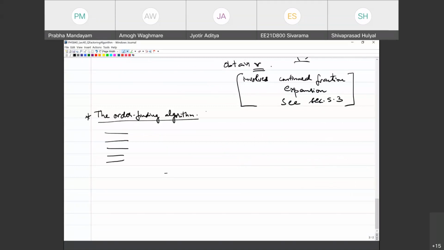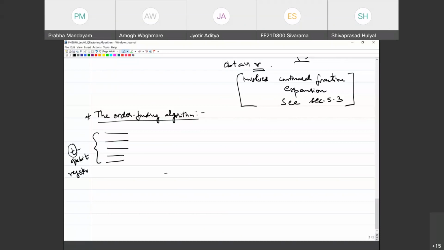So you have a t qubit register, that's what we said. So this T now again tells you to what degree of accuracy you're going to estimate the eigenvalue, which in turn will determine to what degree of accuracy you're going to estimate the order, right? Okay, so this is a T qubit register, right?